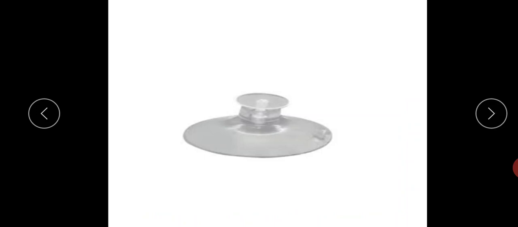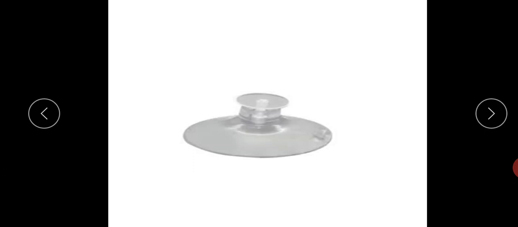So what is this now? Yes, your guess is right. It is a rubber sucker. You might have used it or noticed it somewhere. Whenever this rubber sucker is pasted to a wall or a surface, what happens?